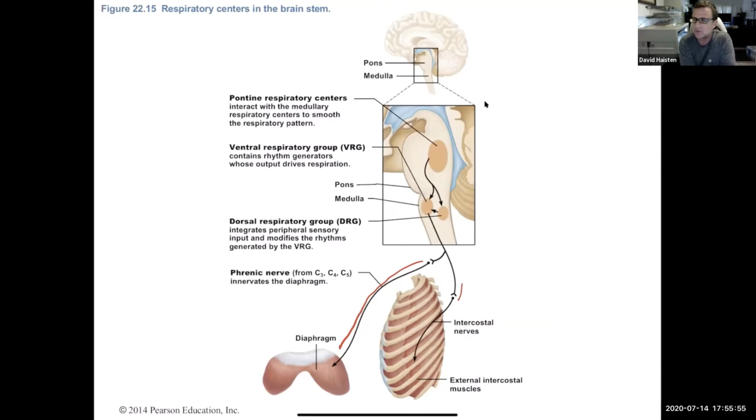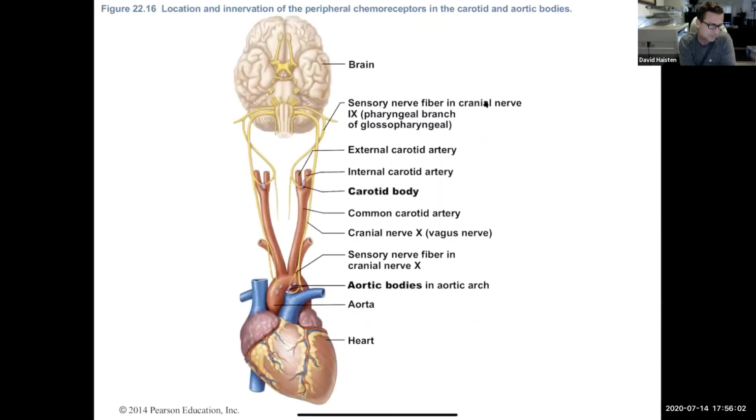What sort of sensory information can you receive? You have respiratory centers. So here's the two. You have the aortic bodies, located in the aortic arch.